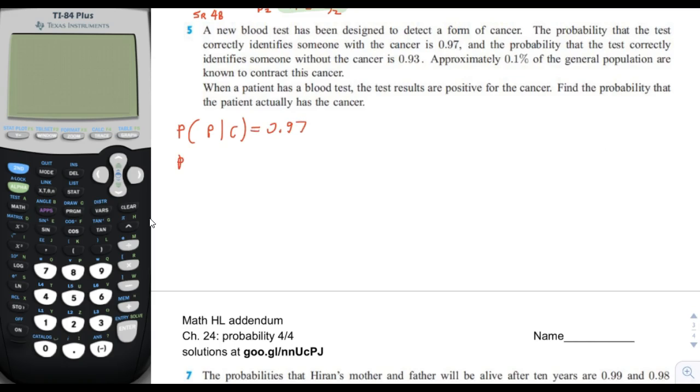The probability that the test gives negative when you don't have cancer is 0.93. Okay. And 0.1% of the general population are known to contract this cancer. So the probability to have this cancer is 0.001. Okay.